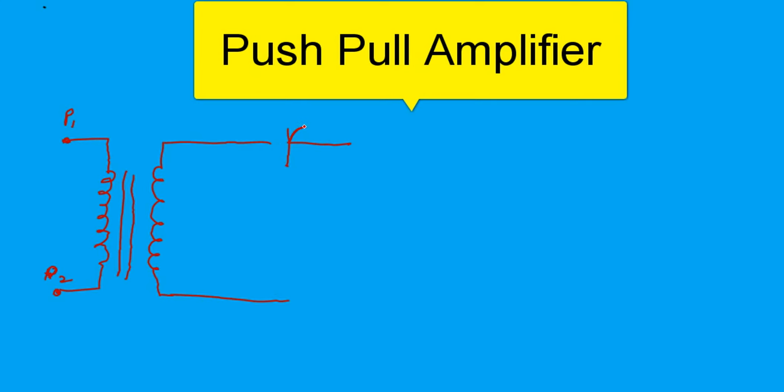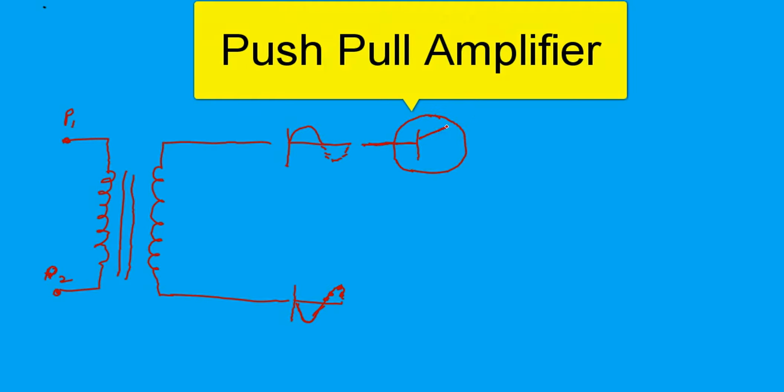Now at the end of the secondary there will be signals which are out of phase, because the secondary of the transformer is a phase splitter.